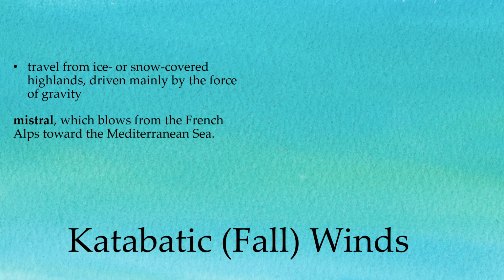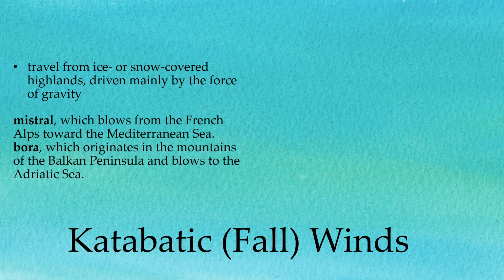And there is what we call the Mistral, which blows from the French Alps towards the Mediterranean Sea, and Bora, which originates in the mountains of the Balkan Peninsula and blows to the Adriatic Sea.